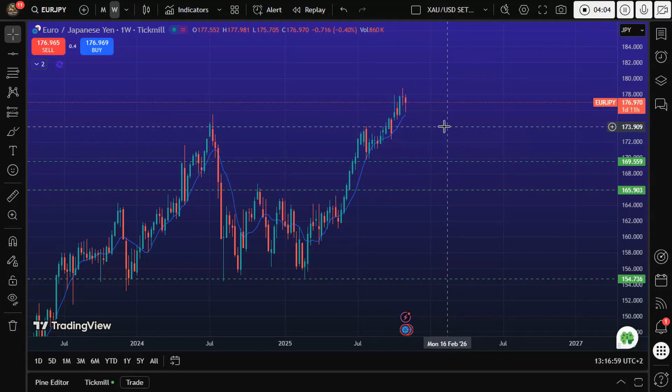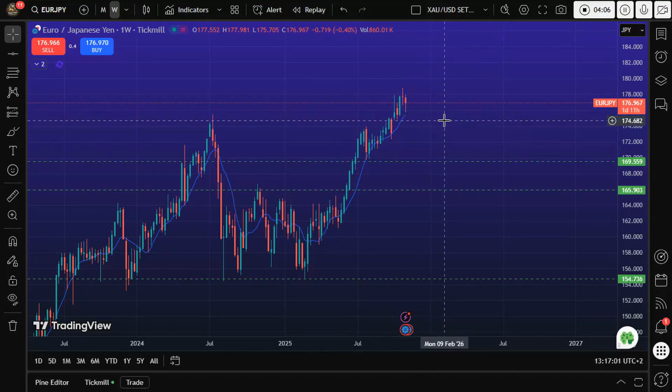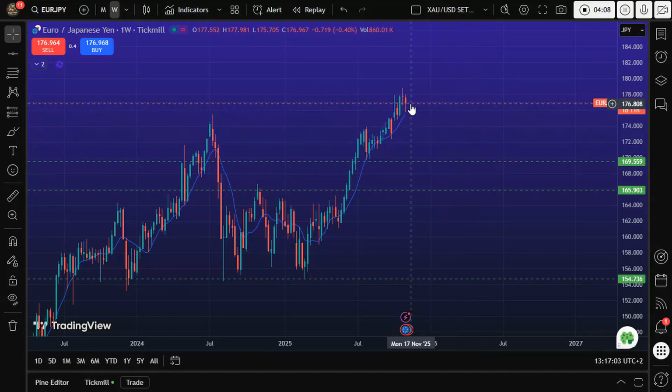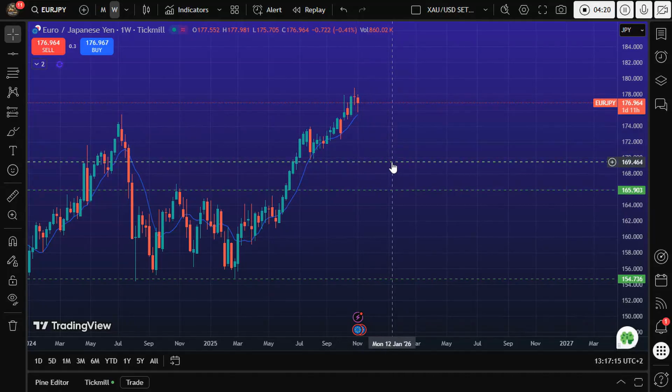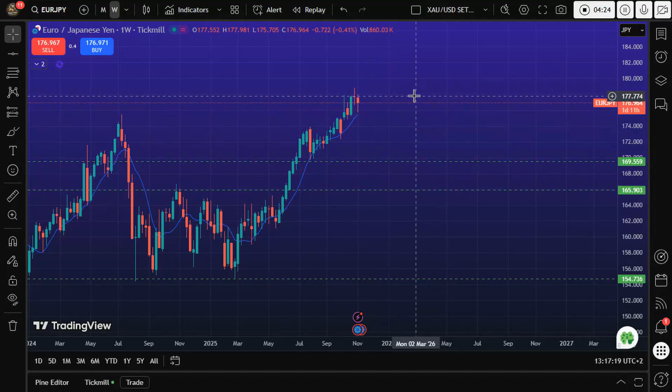And then the second thing that I do based on this chart, I can see the candlestick here. I have a previous 1 week candlestick, and this one overlaps the previous candlestick, which shows there is a change of direction in this pair. So it's no longer going up.